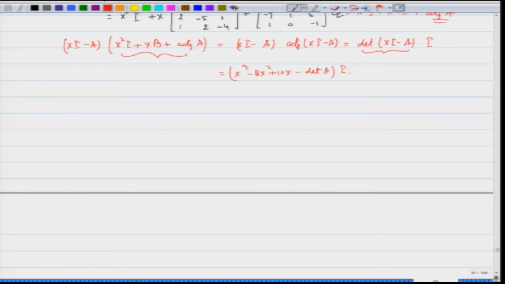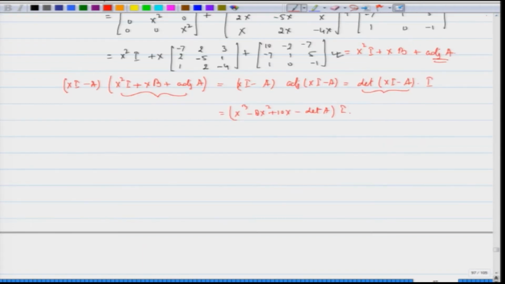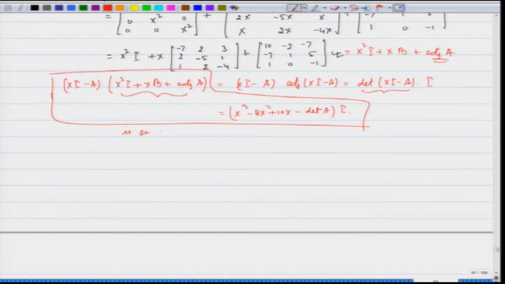Now, what I would like you to see here is that this part is an identity in x, where the coefficients are matrices, all right.